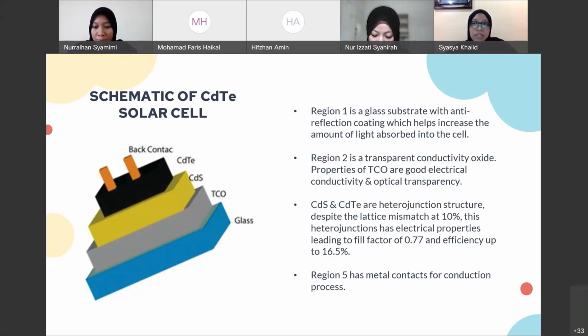Properties of transparent conducting oxide are good electrical conductivity and optical transparency, so that photons can pass through it. Cadmium sulfide and cadmium telluride form a heterojunction structure. Despite the lattice mismatch of 10%, this heterojunction has electrical properties leading to a fill factor of 0.77 and efficiency up to 16.5%. Region 5 has metal contacts for the conduction process.